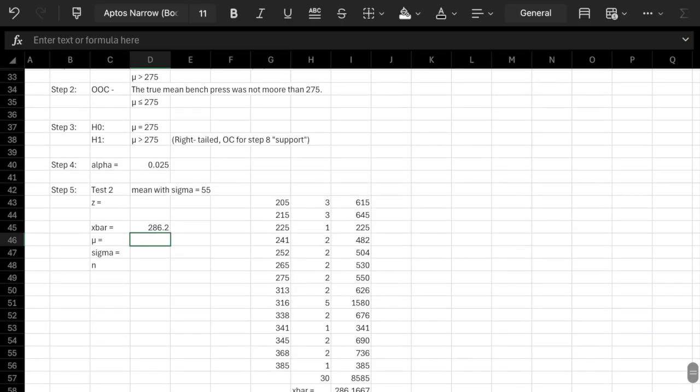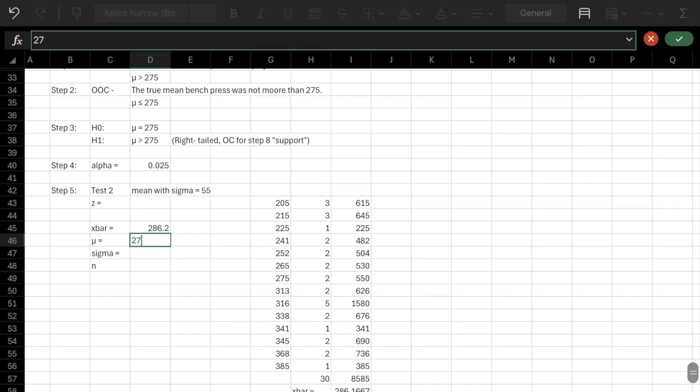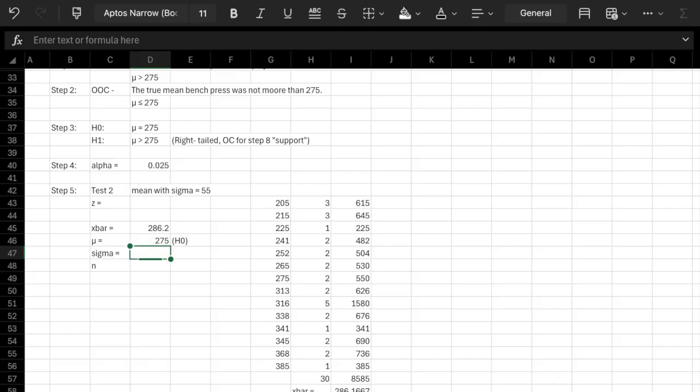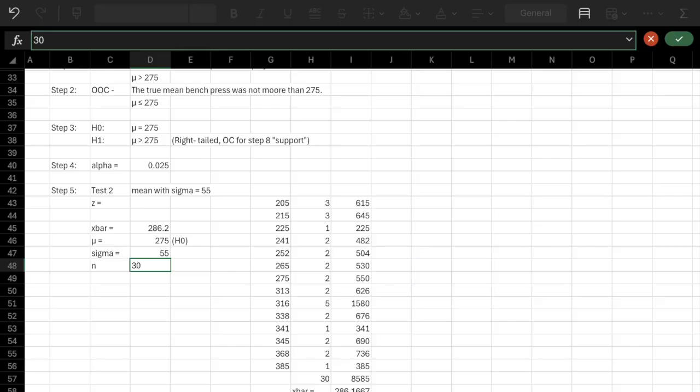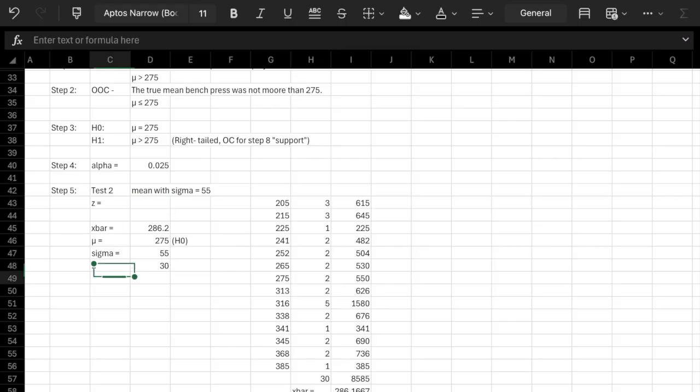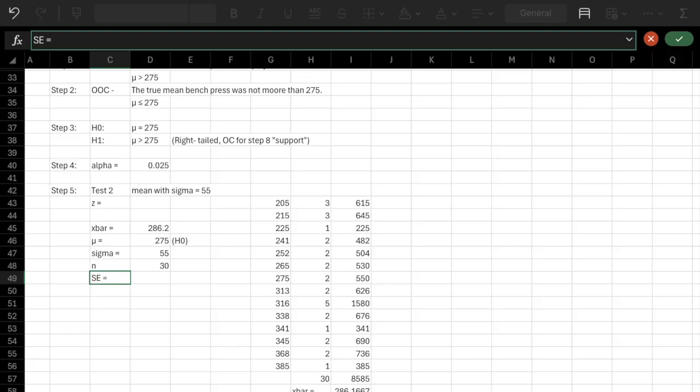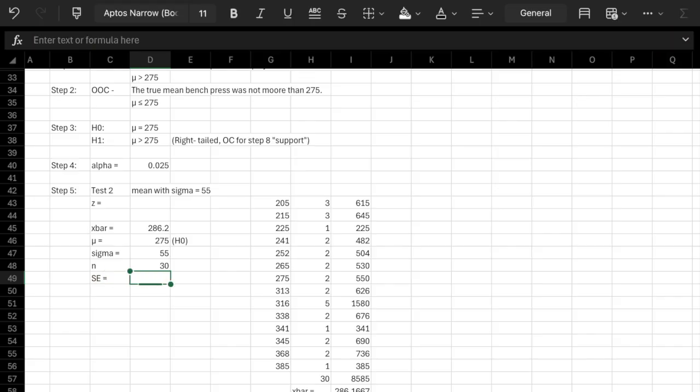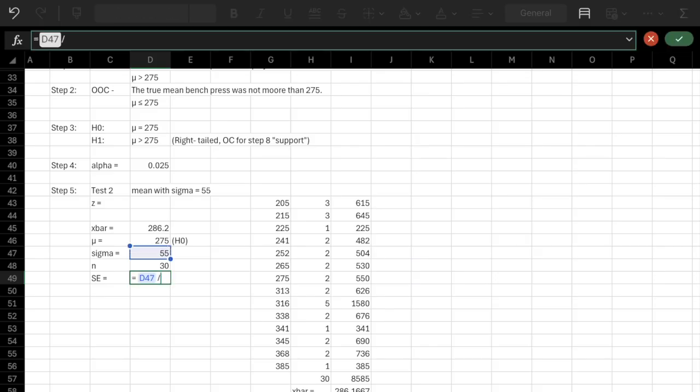Okay, now mu is 275. It says it right there in the null hypothesis. All right, now sigma was 55. We established that, and n is 30. Okay, now what I want to do before I compute z is take this standard error. So I'm just going to find that standard error equals sigma divided by square root of 30.